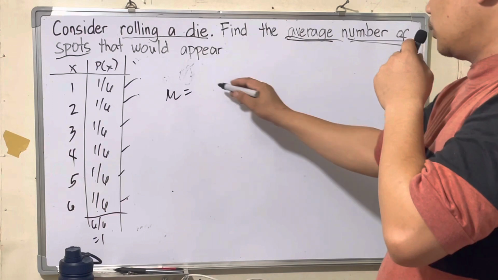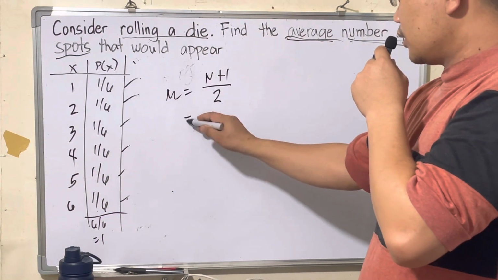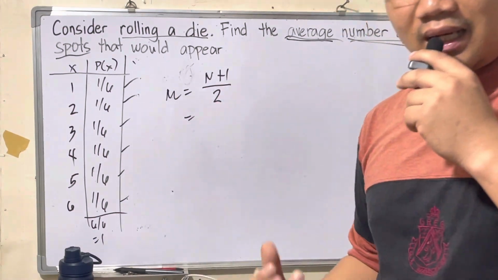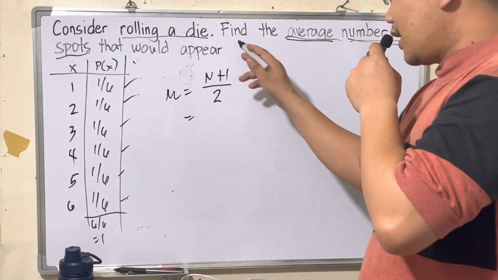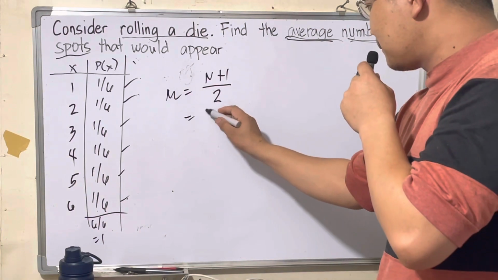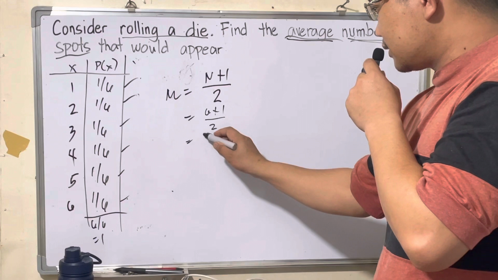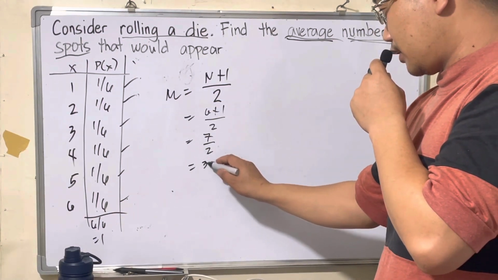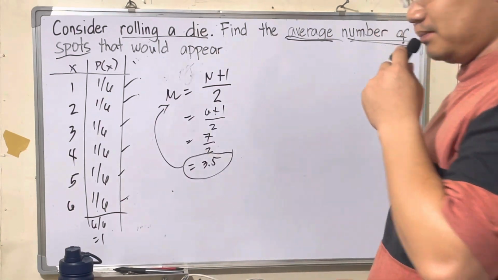Mean is equal to n plus 1 over 2. What is n? N is the total outcomes. When we roll a die, there are 6 possible outcomes. So that is 6 plus 1 over 2. So 6 plus 1, that is 7 over 2. So our mean is 3.5.